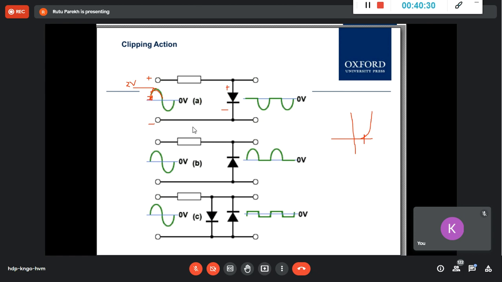So what happened for 0 to 0.7? If I am drawing my input this way, here I am superimposing and showing you my output with the green line. Does my output for 0 to 0.7 follow the input or not?